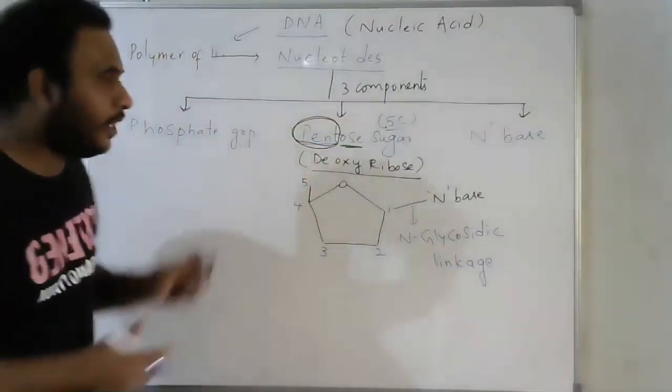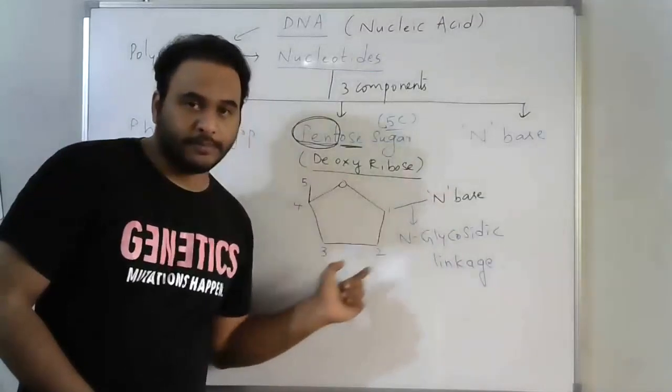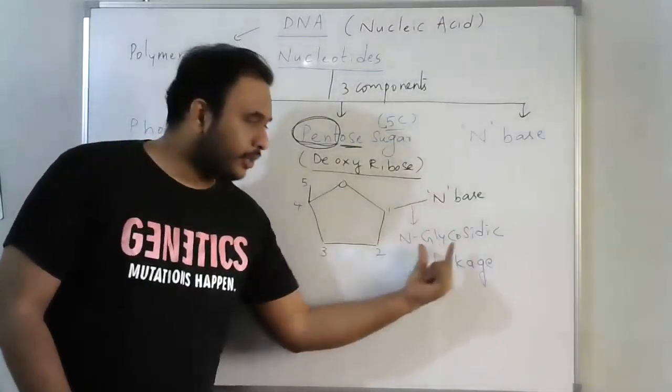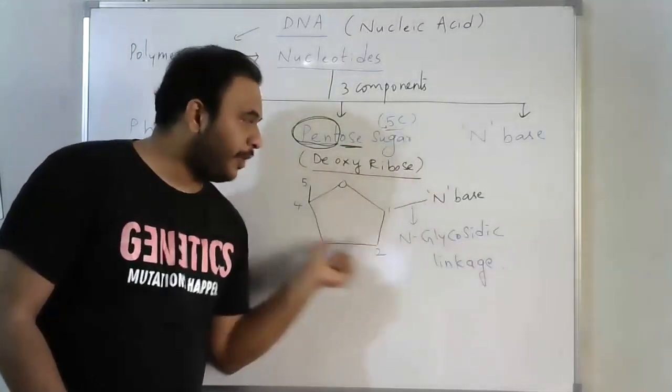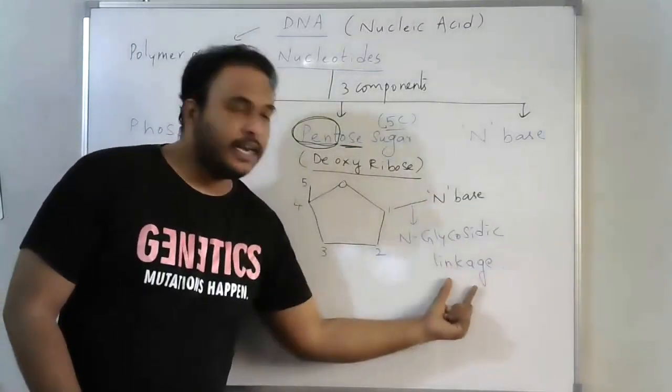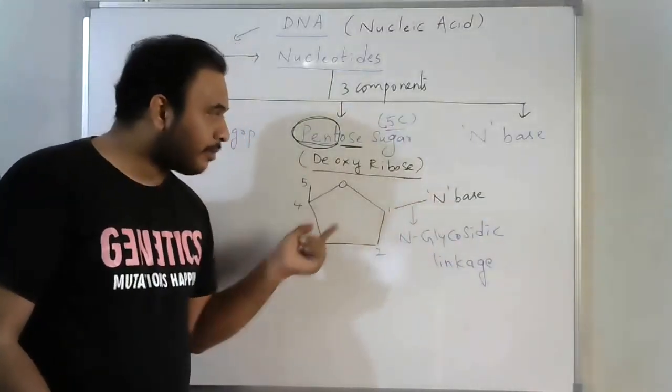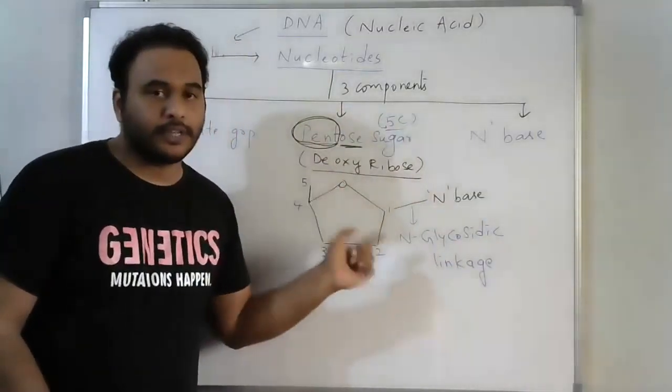Glyco means sugar. So N for nitrogen, and glyco means sugar, this pentose sugar. The nitrogen base is attached to the first carbon of this pentose sugar, deoxyribose.